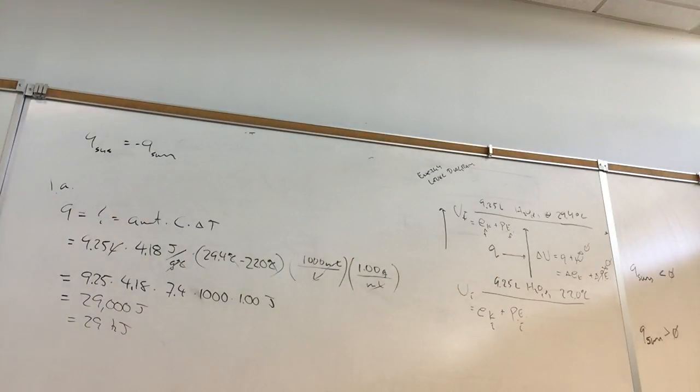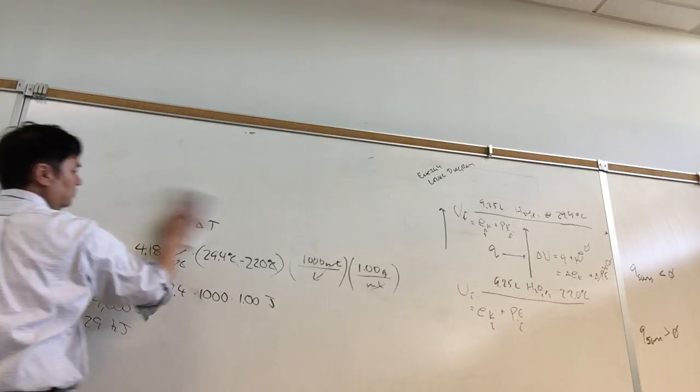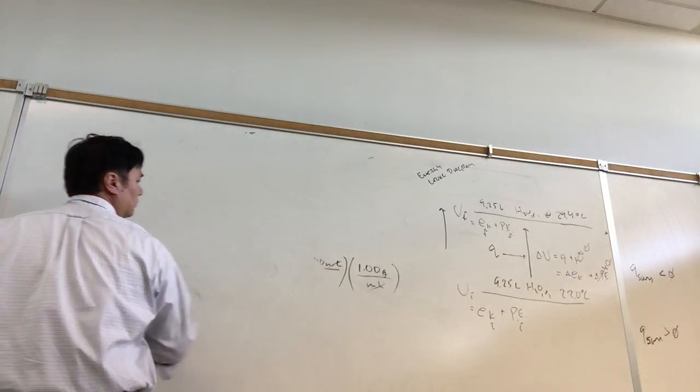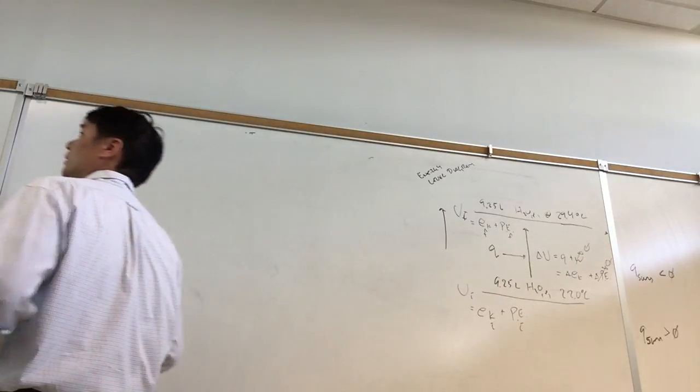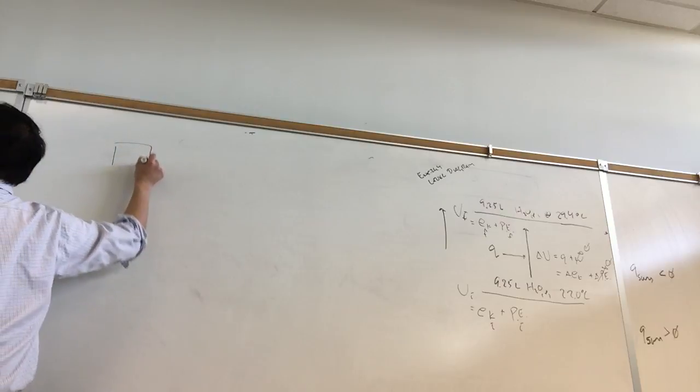All right, the next one is an aluminum bar, associated with a 33.5 degree C temperature decrease for a 5.85 kilogram aluminum bar. And so this one we can visualize. We have an aluminum bar.